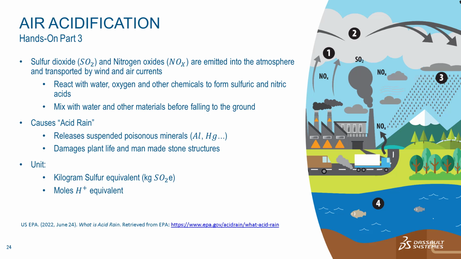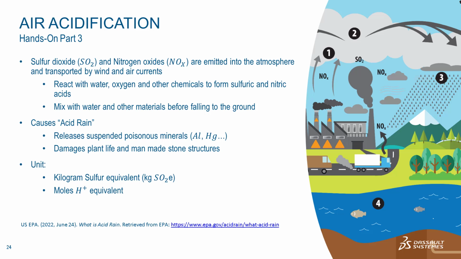And so air acidification is a measure of the amount of pollutants released into the atmosphere that will cause acid rain. And the problem with acid rain is that the pollutants react with water, oxygen, and other chemicals to form sulfuric and nitric acid. And the problem that is caused by acid rain is that it releases suspended poisonous minerals from the soil, things like aluminum and mercury.